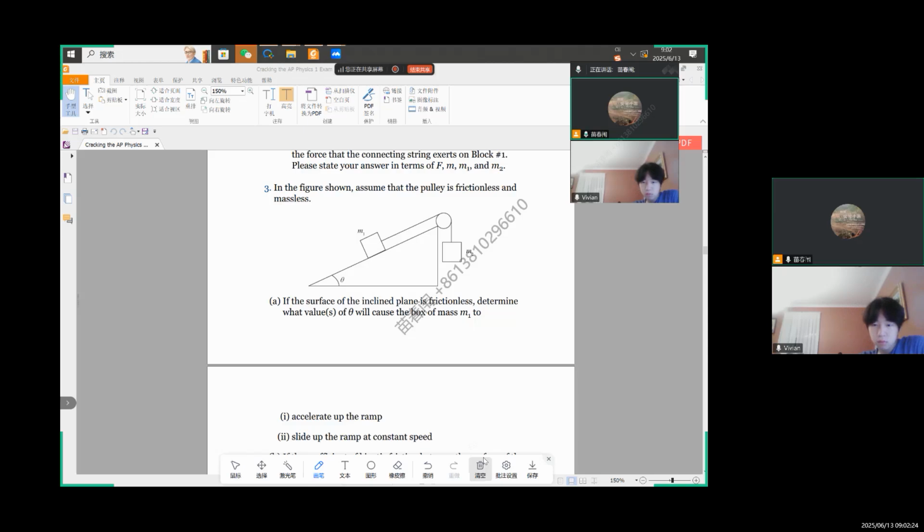If it accelerates, let's say the first one is accelerate, then we probably need the force diagram anyway, right? Free body diagram. Let's see what forces I have. This one is probably for a separate object, because, well, you can imagine the system, but still we have to find the acceleration. So this one is the normal force, right?